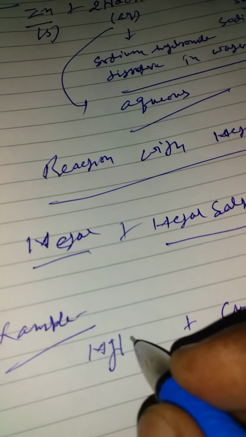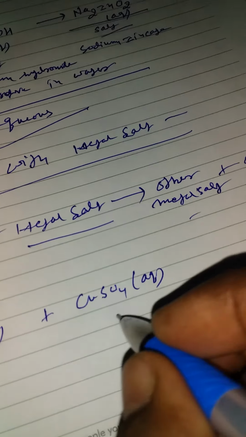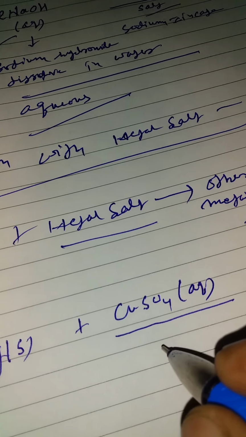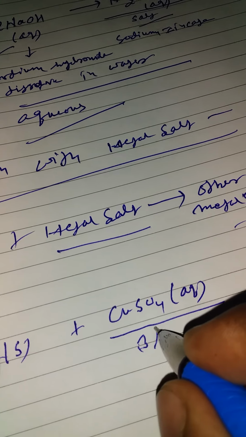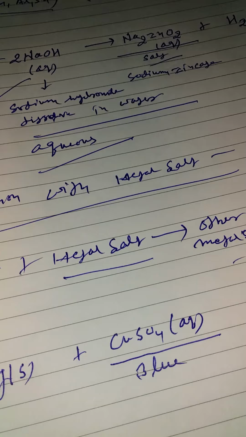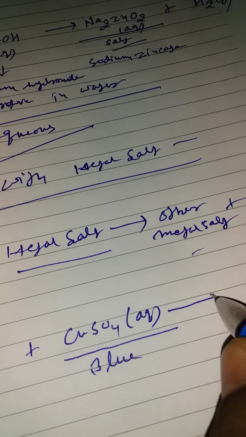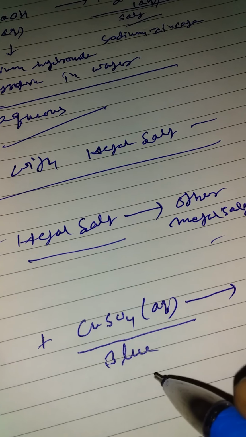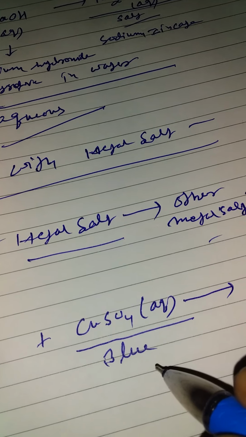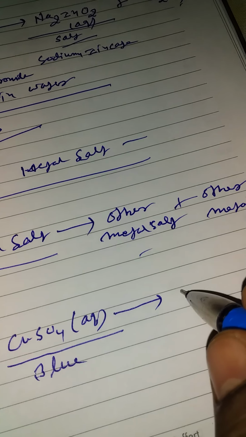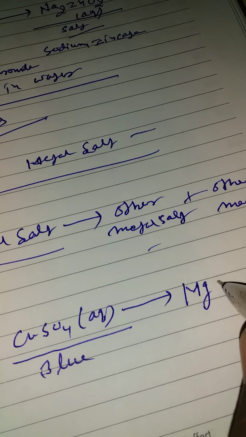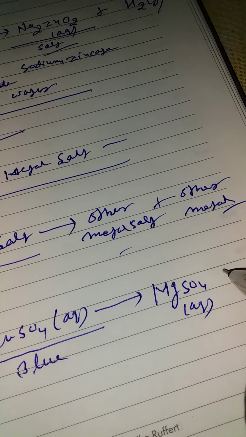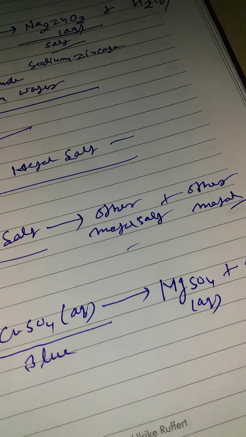The state of magnesium is solid while copper sulfate in the form of aqueous whose color is blue. After some time, we see that this blue color convert into colorless due to formation of magnesium sulfate aqueous plus copper.